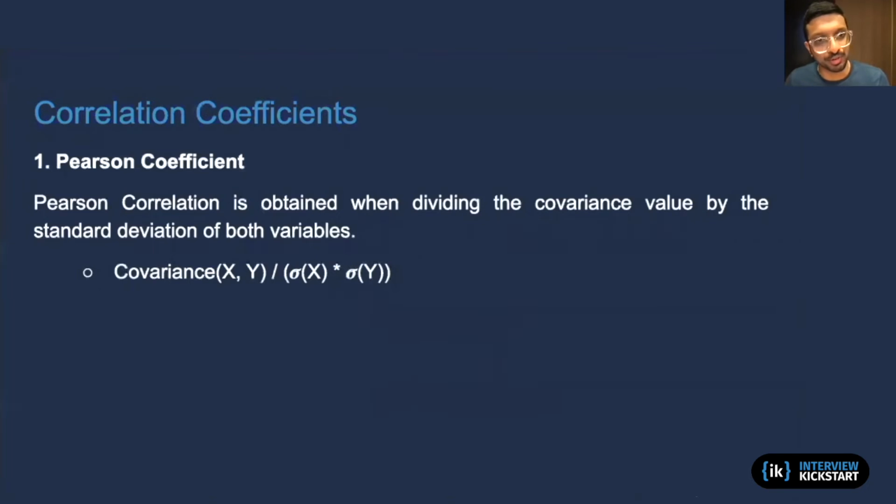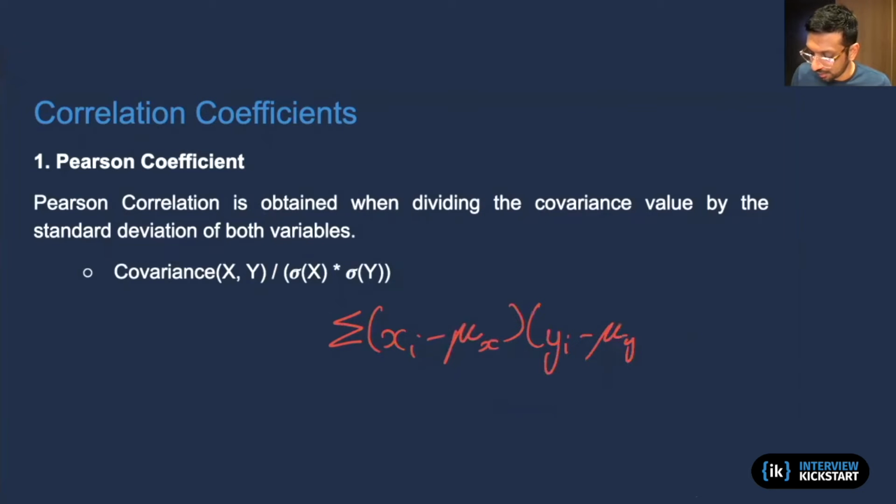Let's revisit covariance a little bit and write down what the formula is for covariance of two variables. So as you might remember, it is (xi minus mu x) multiplied by (yi minus mu y), the whole divided by n minus 1. And of course, this is a summation over i.